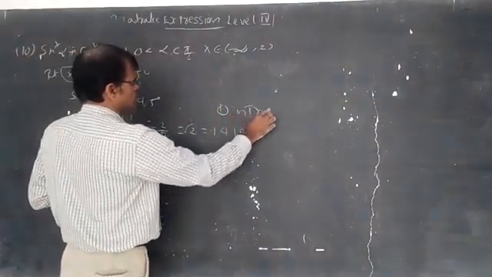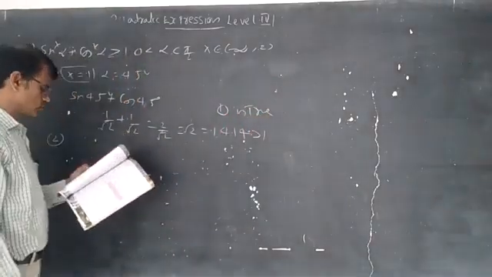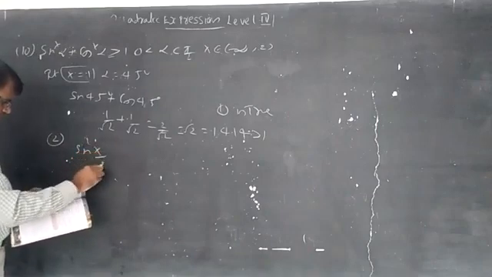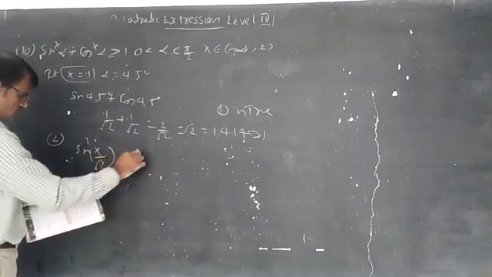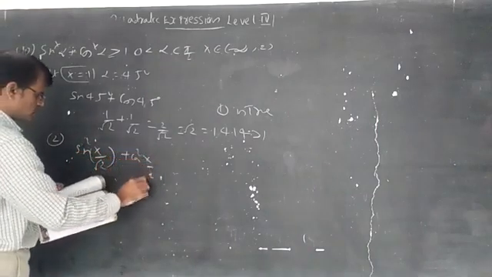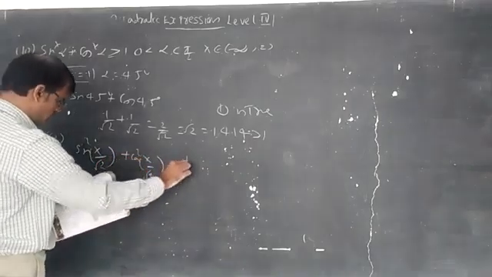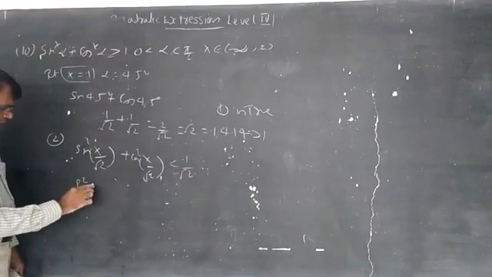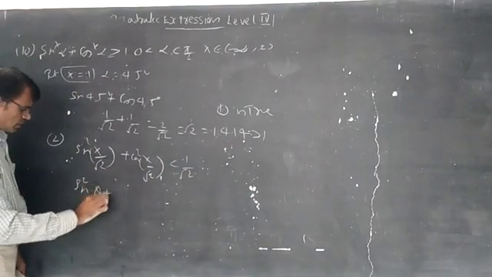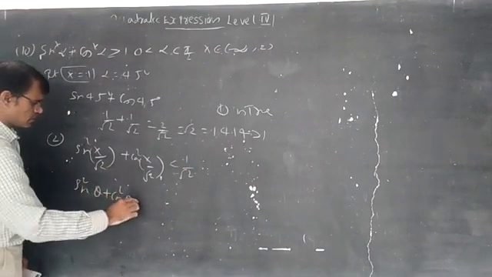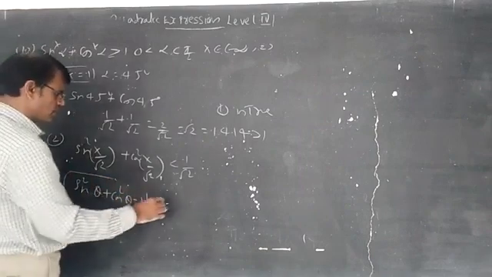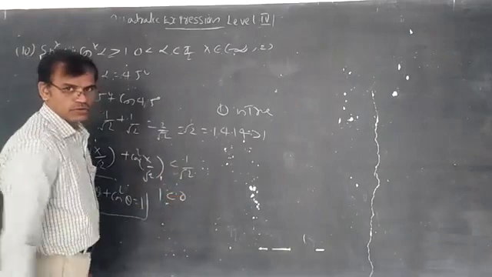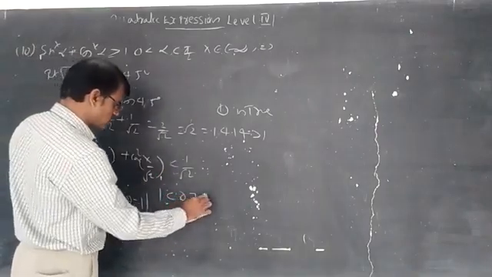Now the second one. Statement 2: sin square x by root 2 plus cos square x by root 2 less than 1 by root 2. Students, you can understand sin square theta plus cos square theta is equal to 1, not less. 1 is not at all less than 1 by root 2, which means 0.707.